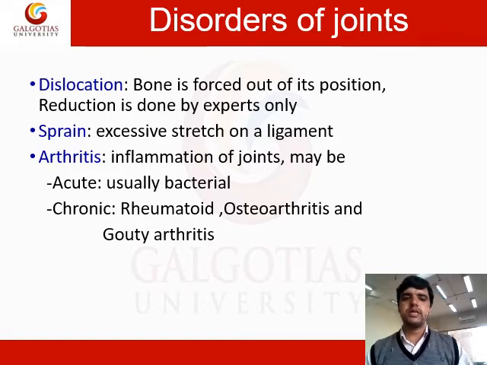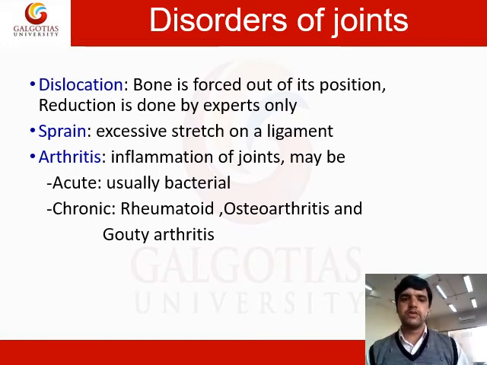Dislocation of the joints is possible. Since a joint is where two or more bones articulate together and form a junction point, dislocation of the bones might happen. One bone is forced out of its position with respect to the joint, so the articulating surfaces of both bones are not in relation to each other.